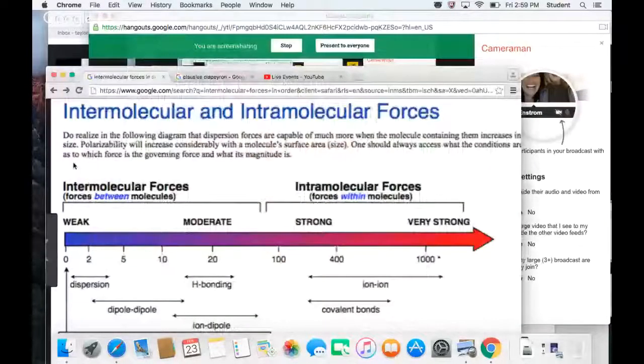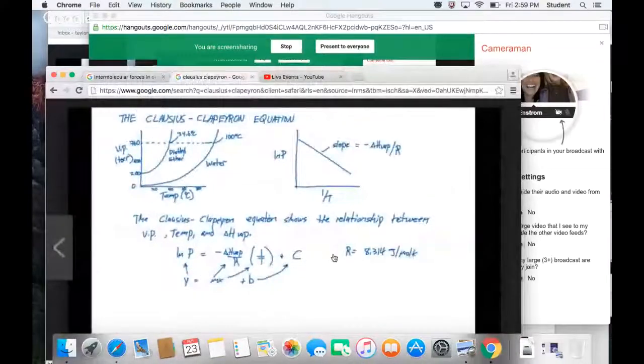With this equation, this is a really good picture right here, because it shows you that this equation relates vapor pressure and temperature. So this is an exponential curve in the first graph, right? It's kind of hard to make relationships between these when it's a curve.